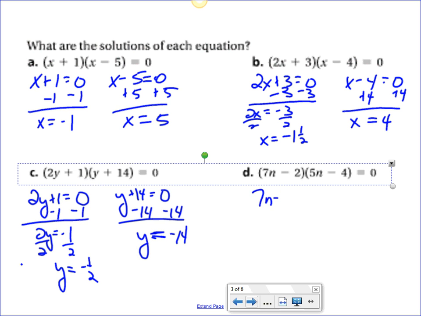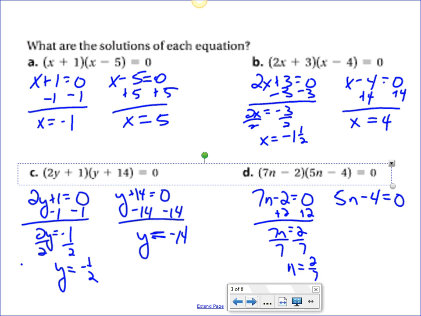Okay, and you should have gotten, if you solve these two separate equations, if I add 2 here, I get 7n is equal to 2. Divide by 7 and you get n is equal to 2/7.